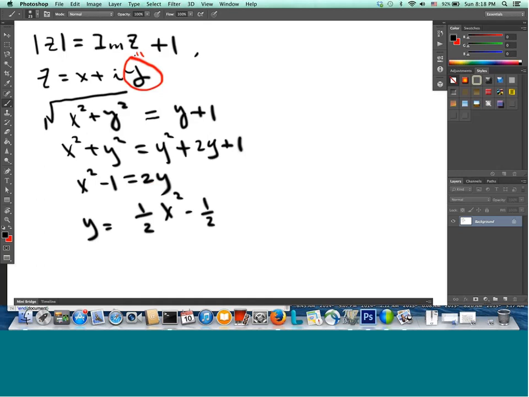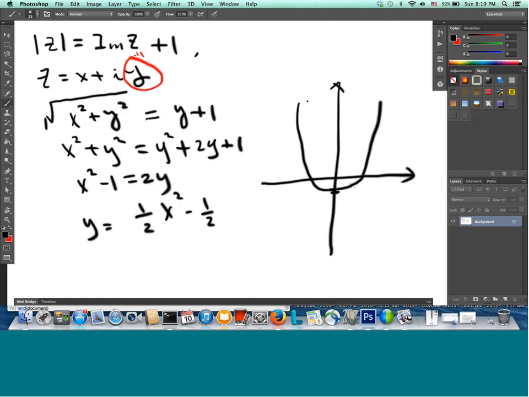So what is this graph? Does anybody know how to draw it? It's a parabola. Yeah, you're right. The vertex is at x equals 0, y equals -1/2. Then it opens up, something like that. Right?